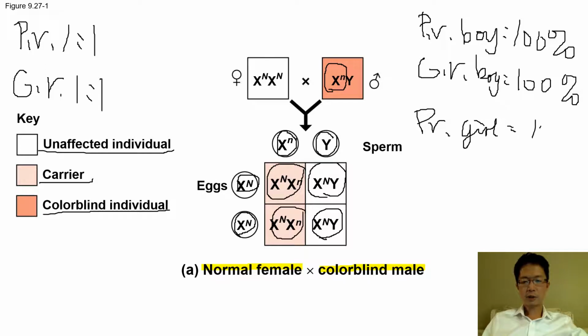Again, 100%. What about the genotypic ratio for girls? It is also 100%.